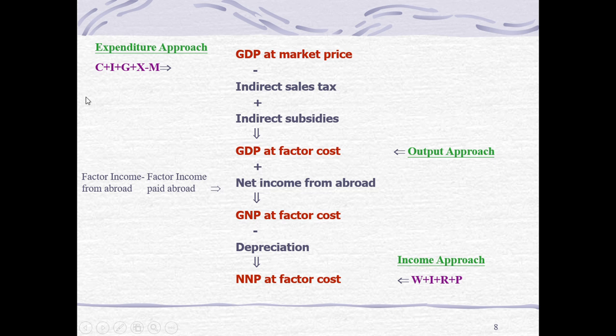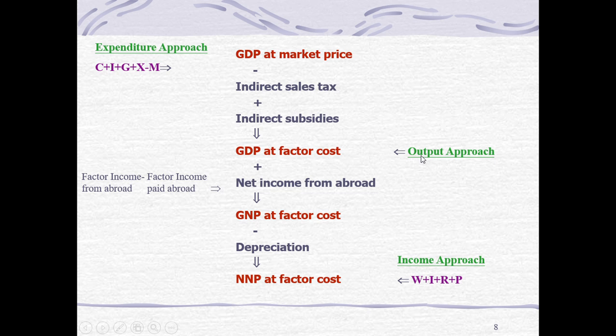So consumption expenditure is the consumption of individuals in the country. Investment expenditure is the expenditure of firms in the country. G is government expenditure, and X is export expenditure, the expenditure involved in exporting, minus M. M is import expenditure involved in importing.